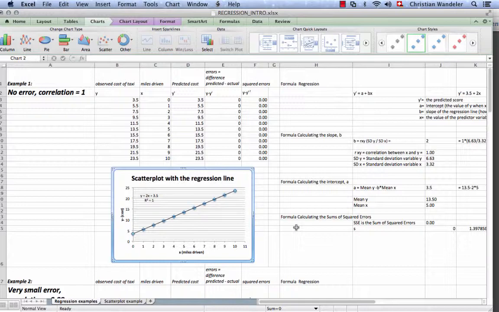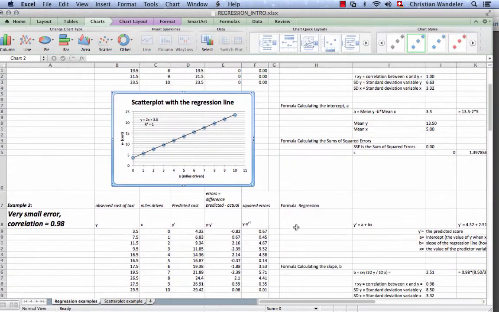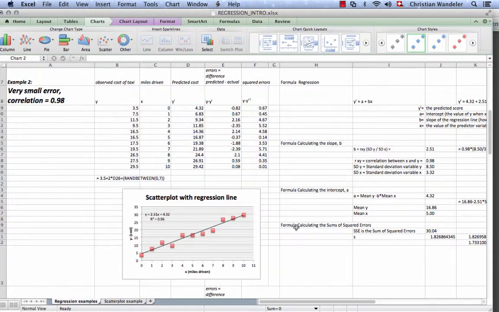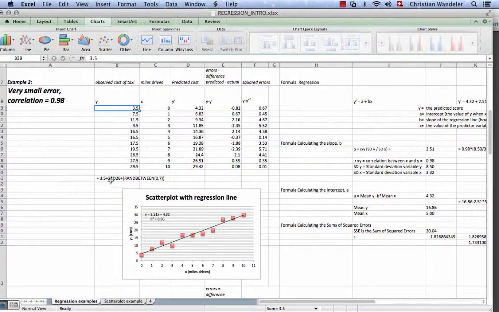So now let's go a step further. Let's say that we don't have a perfect relationship, right? So what I did here for these values, I took the same formula that we used, $3.50 plus 2 times the value of x, the value of miles driven, plus a random number between 0 and 7.